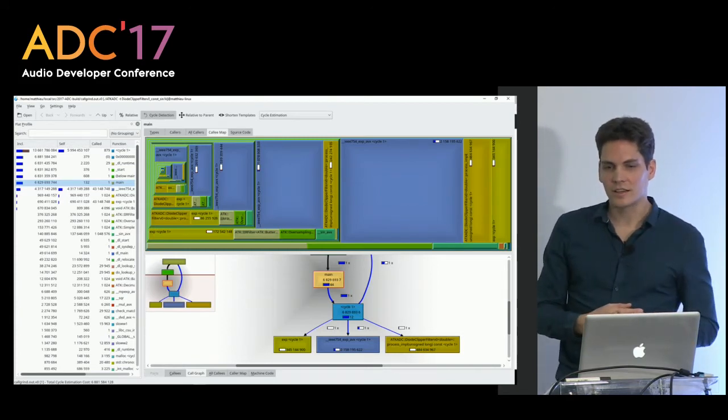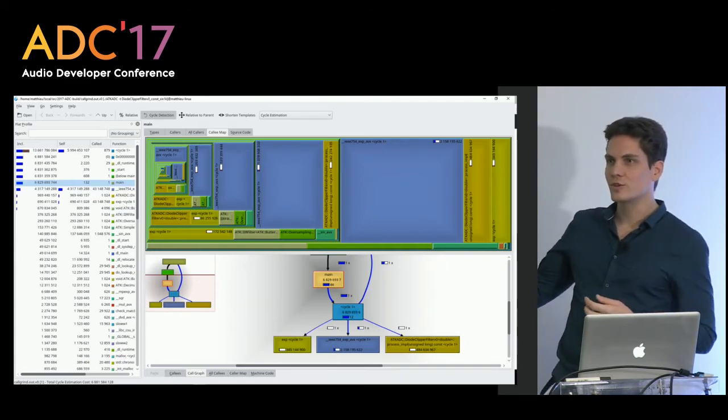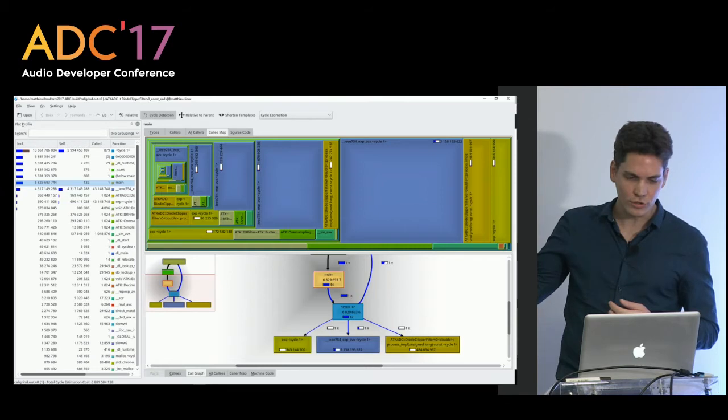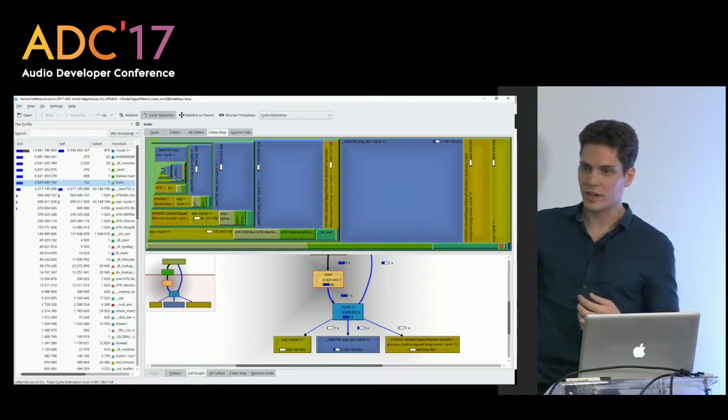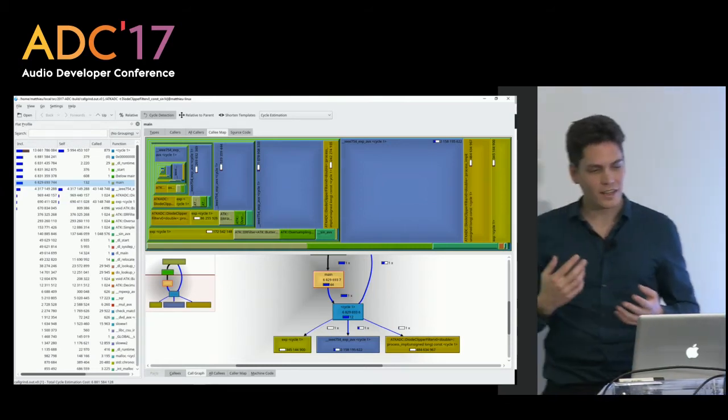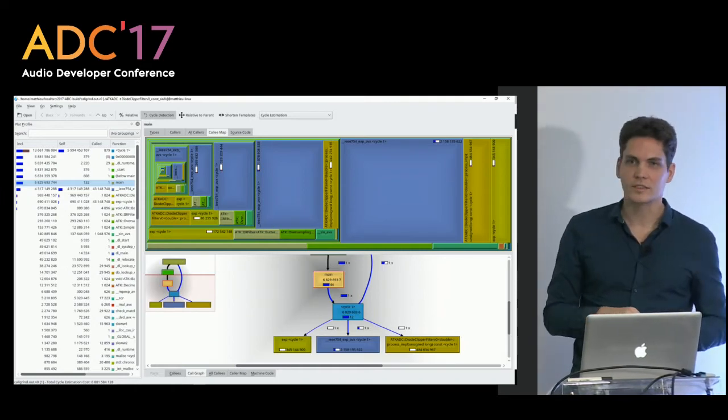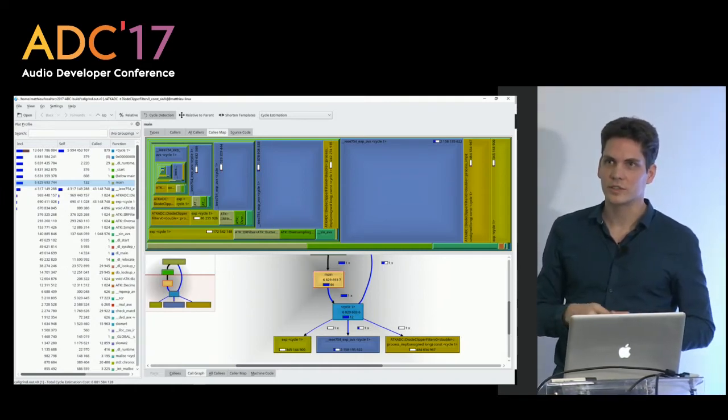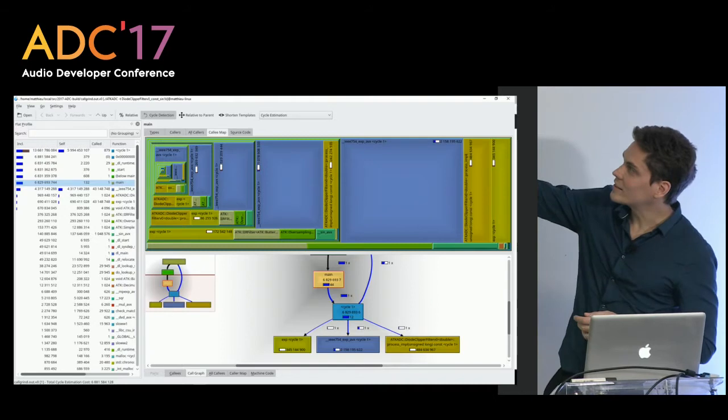And there are other tools that exist, like VTune, and as Audio Toolkit is a free open source library, I also have a license to use it, but it lacks something that I really like about Valgrind and all its tools, and particularly Callgrind, which is that nice heat map here.